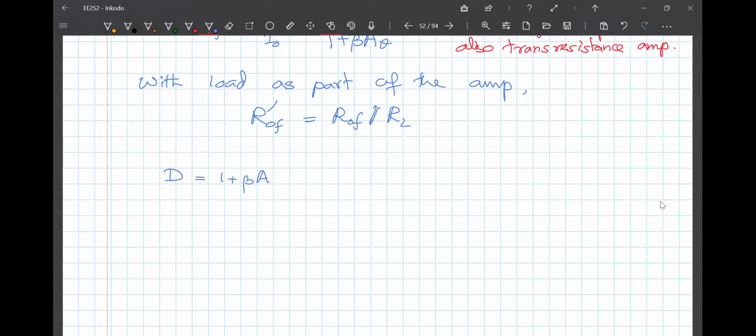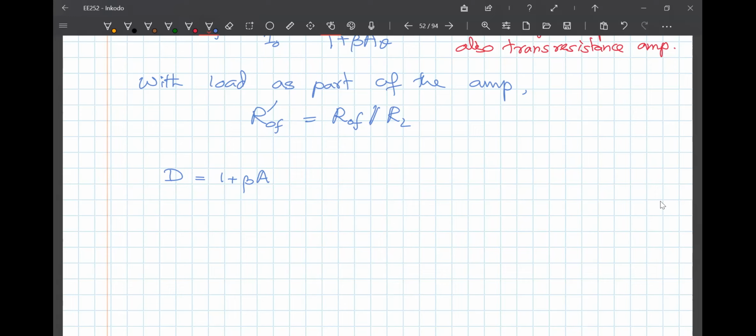A is the gain of the system without feedback, the original gain, and this A can be a voltage gain, a current gain, transimpedance, or a transconductance, depending on whether you have a voltage amplifier, current amplifier, and so on.